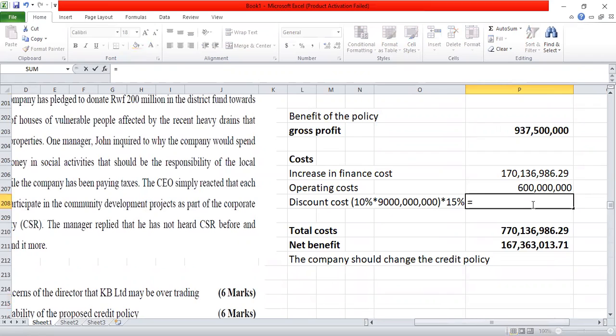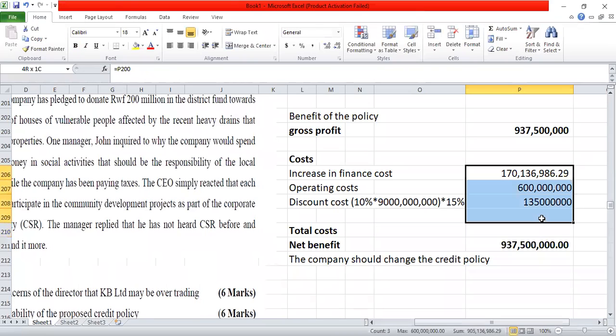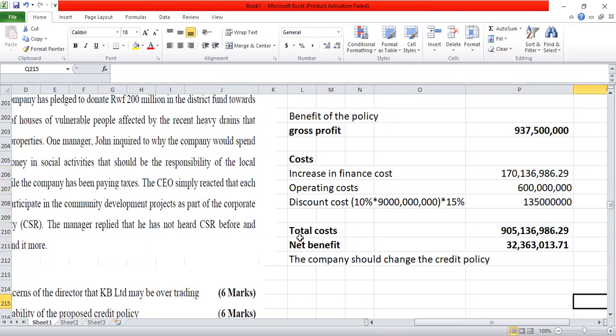So we are having 10% times 9, then times 15%. It can change even our decision. Yeah, still I think we still have the benefit.